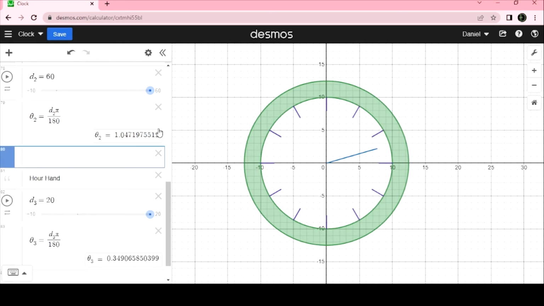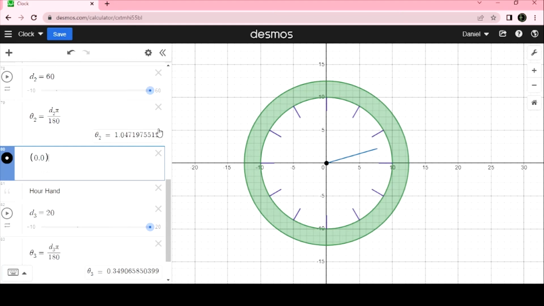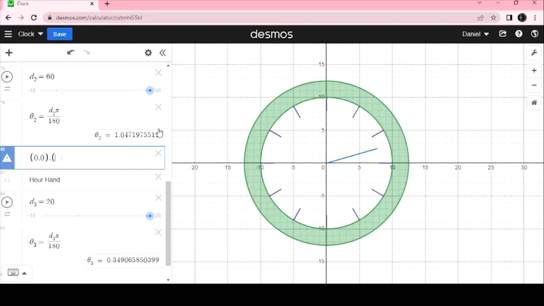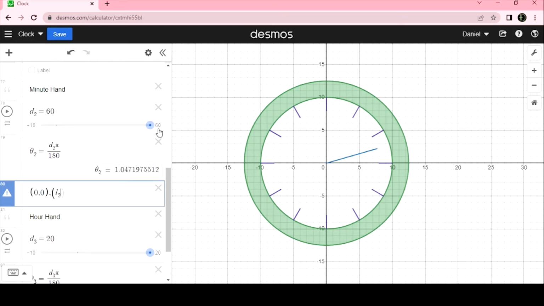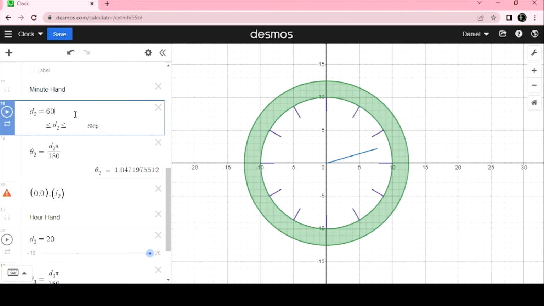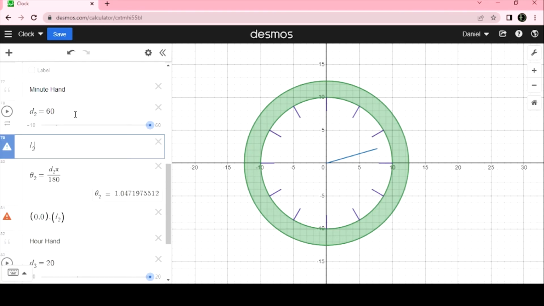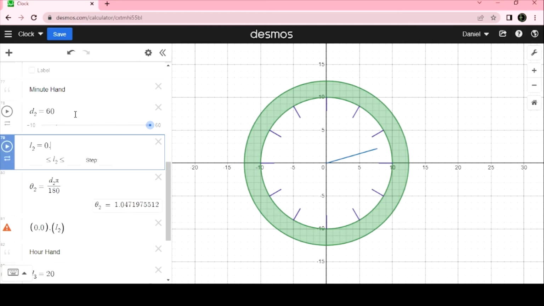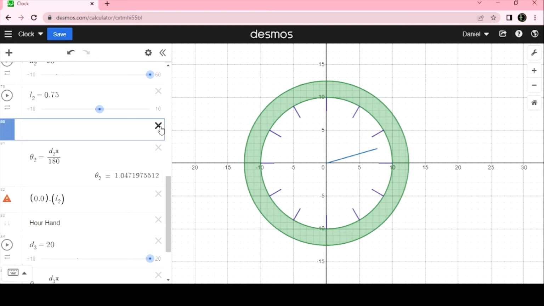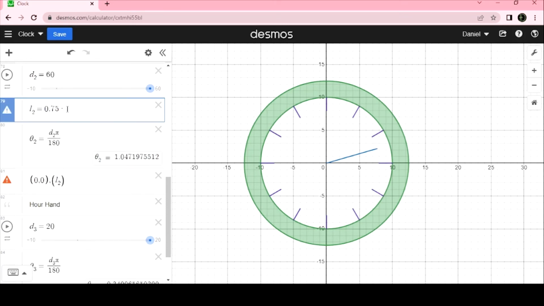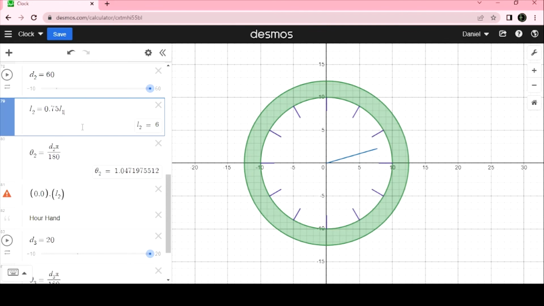And then now you can draw your points starting from 0, 0, and you want to end at L2 times cosine of theta 2. Speaking of which, we didn't define L2. You can give it an arbitrary number, but I found that 3/4 of the length tends to work out well. Not 0.75, but 0.75 of L1.